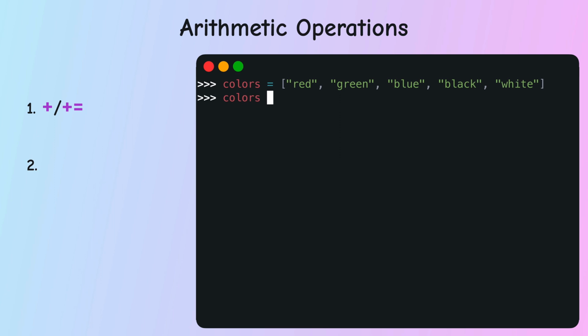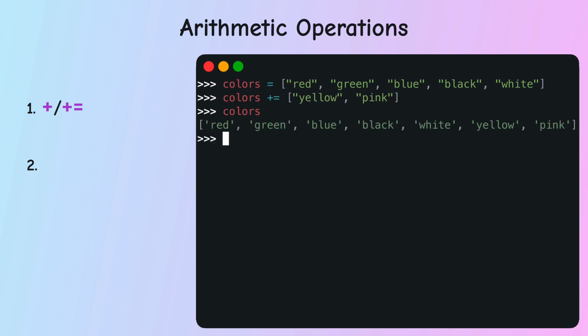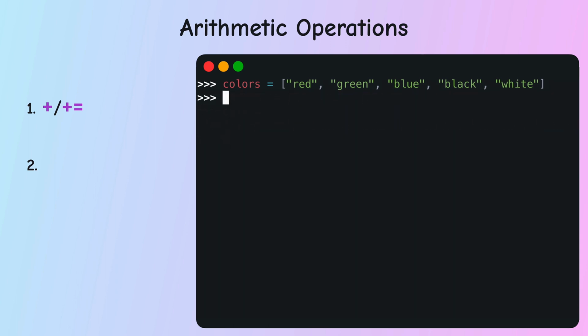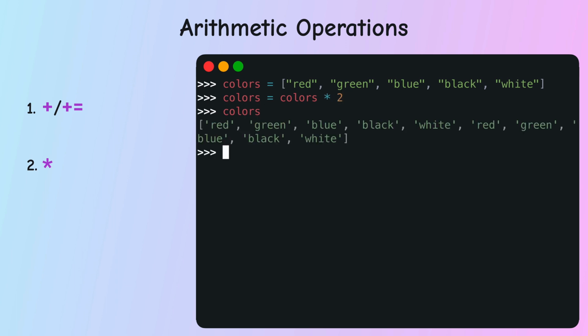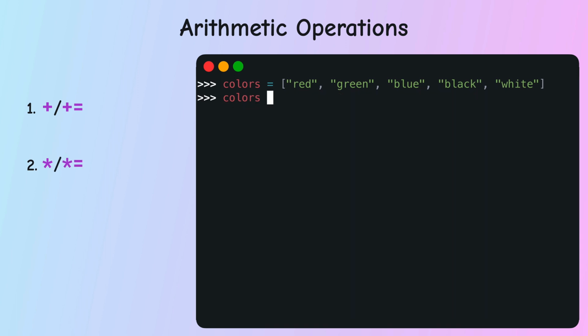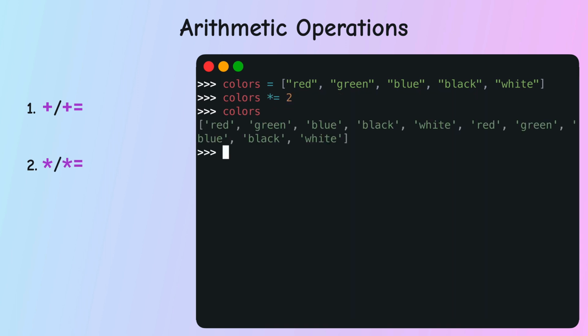You can also use the plus equals operator if you are assigning the result to the same variable. Secondly, you can use the multiplication operator between a list and an integer. In this case, again very similar to string data, you will get a new list that has a repeat of the elements in the original list a given number of times. Again, you can use the multiplication equals operator if you are assigning the result to the same variable.